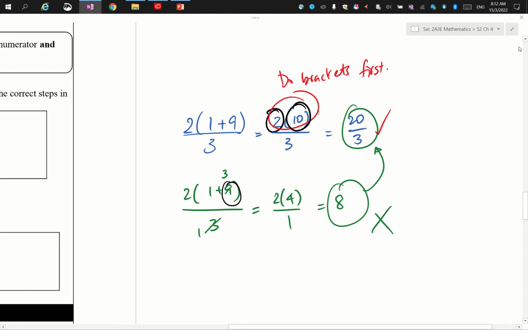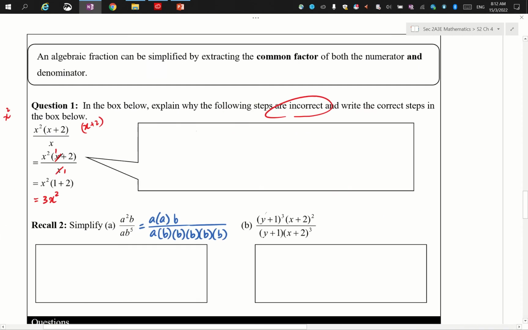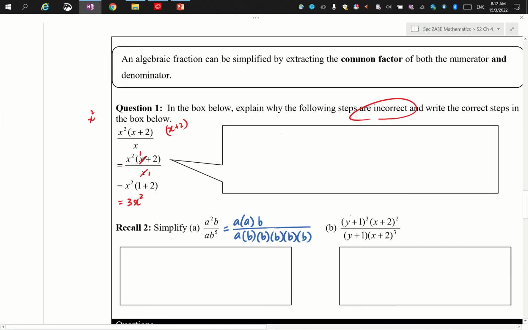So that is the reason why we do not cancel off the 9 with this 3 in the green color working, because the 9 itself is not a factor. 9 has to be added to 1 to give us 10, and the 10 is not a multiple of 3. So back to this. As mentioned at the start, x plus 2 is the factor. This particular x itself is not a factor, so we cannot cancel this x, the one that my black arrow is pointing to.